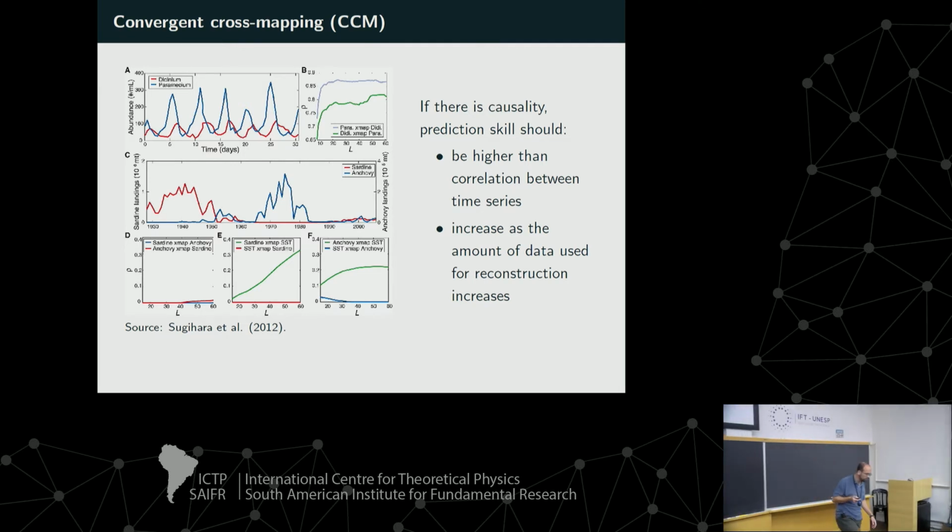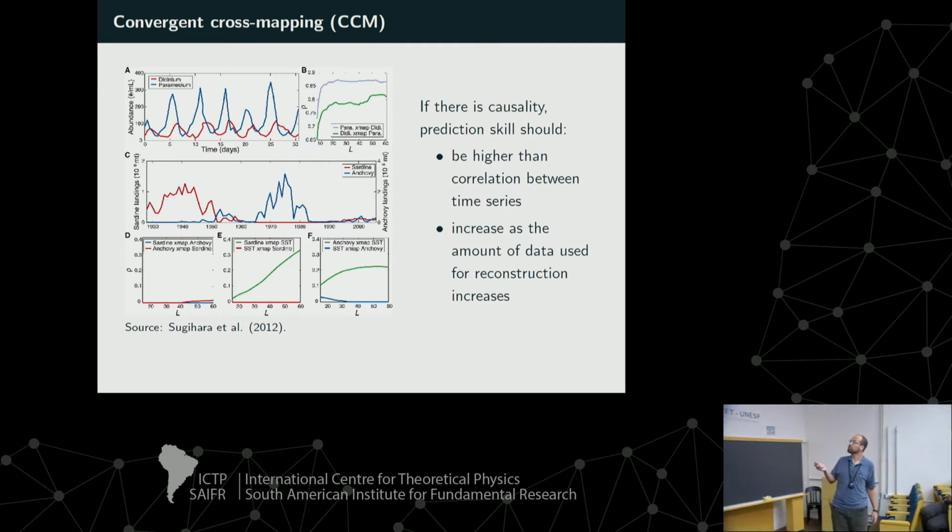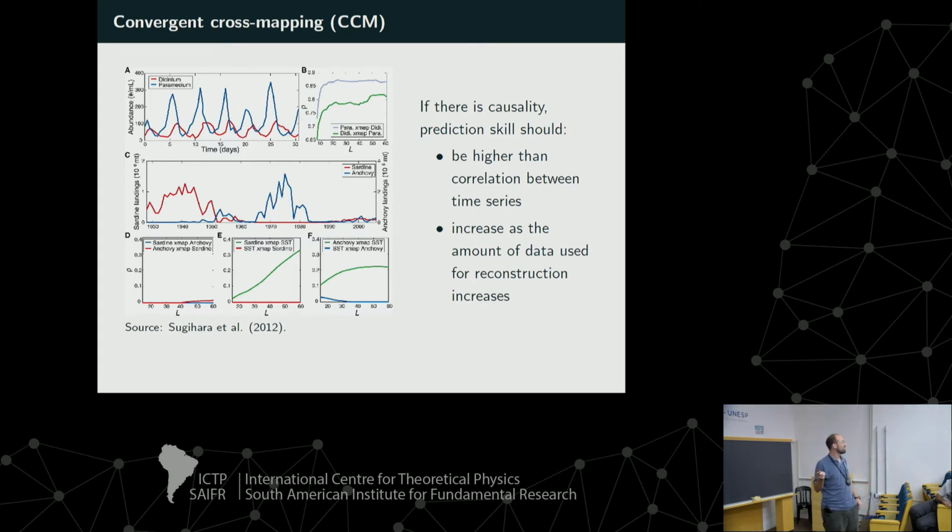Here there are two examples. This is an experiment with paramecium, looking at whether a predator causes the prey and vice versa. And the answer is, well, yes, which is kind of expected.